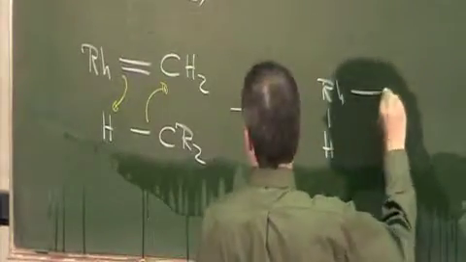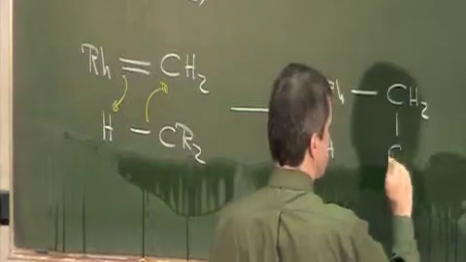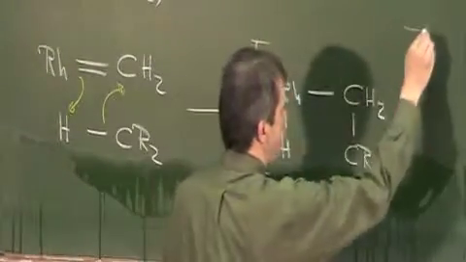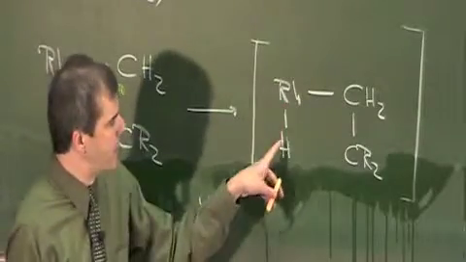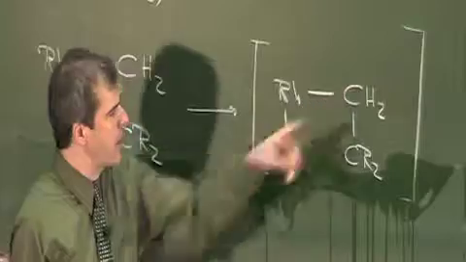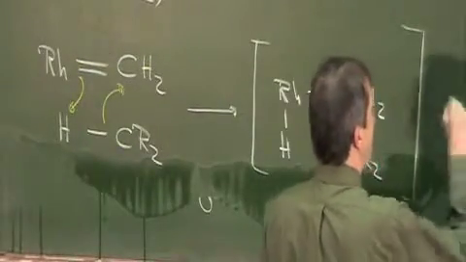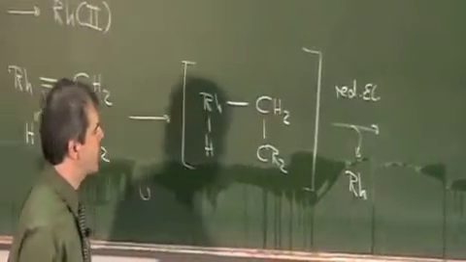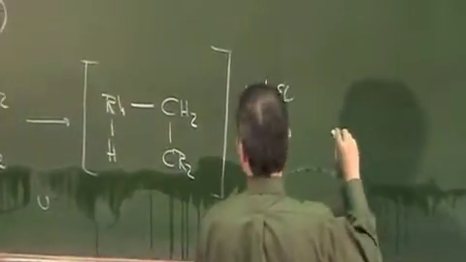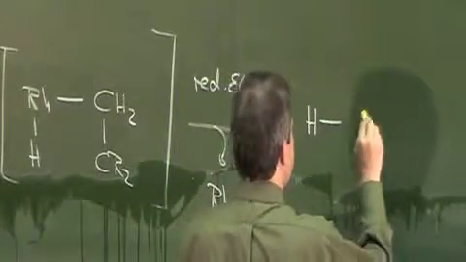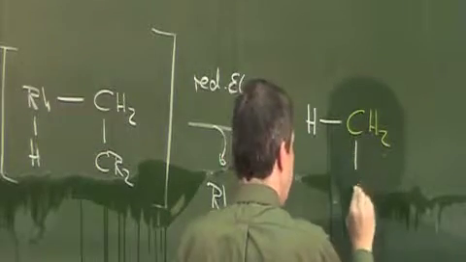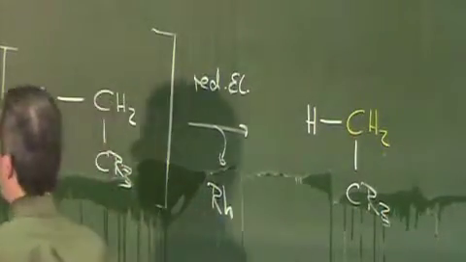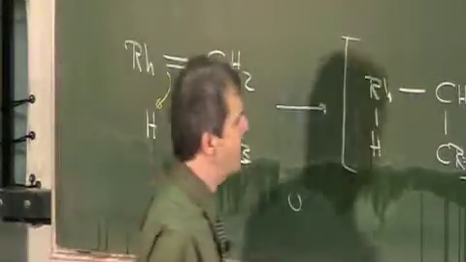So if I formulate such a metathesis step here, I would arrive at such an intermediate where now I have a metal fragment between a hydrogen and a carbon fragment, which now can undergo a reductive elimination, eliminating my metal here, to give me this product.